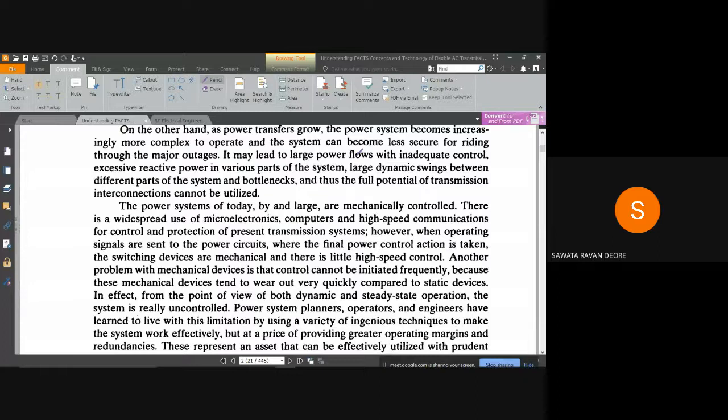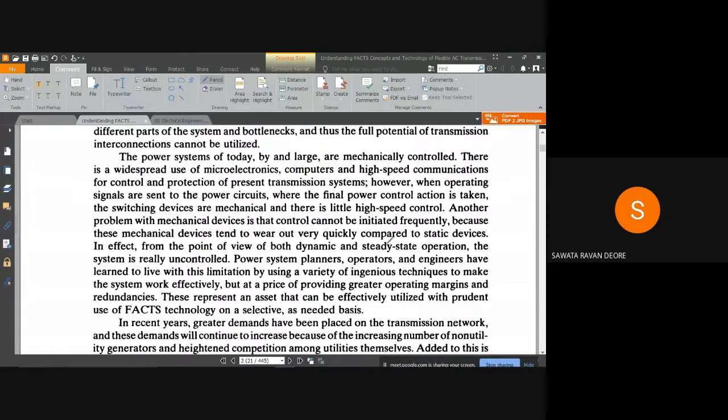But if we go with power semiconductor switches like diode, triac, and so on, their number of operations is hundreds of times that of mechanical switches. So there is again an opportunity for power semiconductor devices to be used in a power system for effective improvement in the operation, and the operation may be steady state or transient.